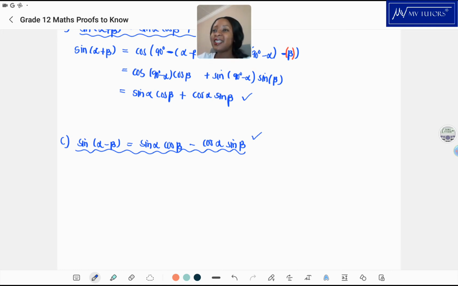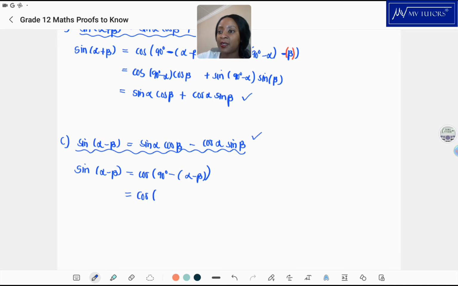All right, so sine alpha minus beta is equal to cos 90 minus alpha minus beta. Okay, close that big bracket over there. So I have 90 minus alpha plus beta.